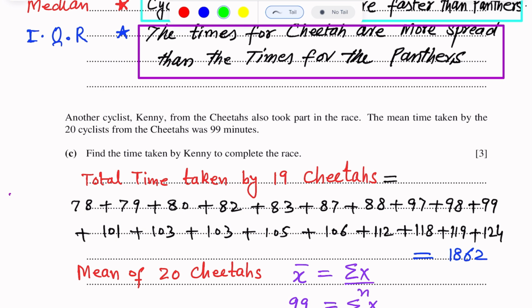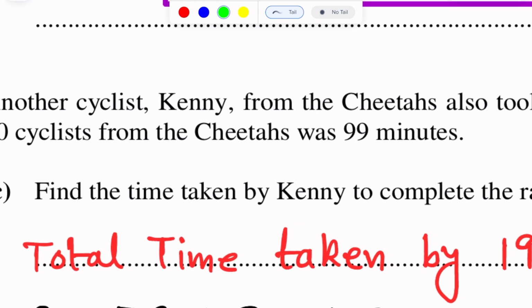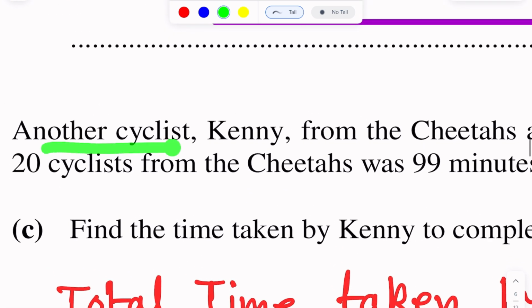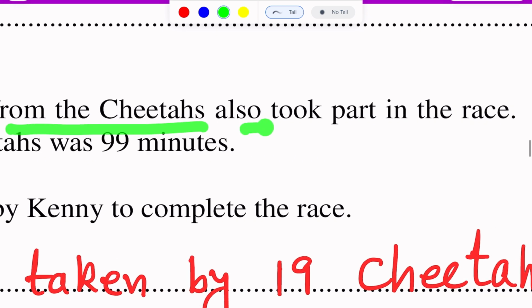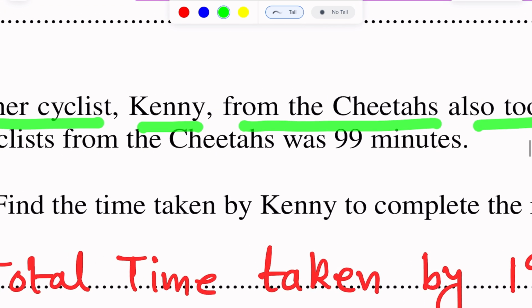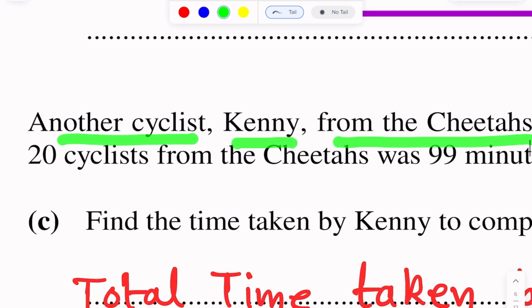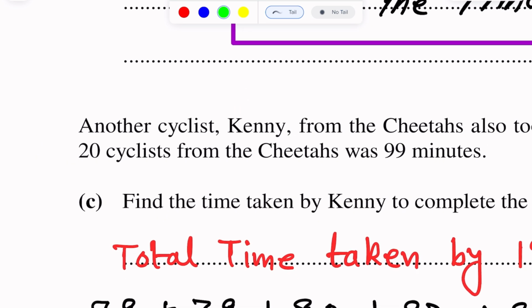The next part of this question: another cyclist named Kenny from the Cheetahs also took part in the race. This is the 20th cyclist, whose name is Kenny. The mean time taken by 20 cyclists from the Cheetahs was 99 minutes.